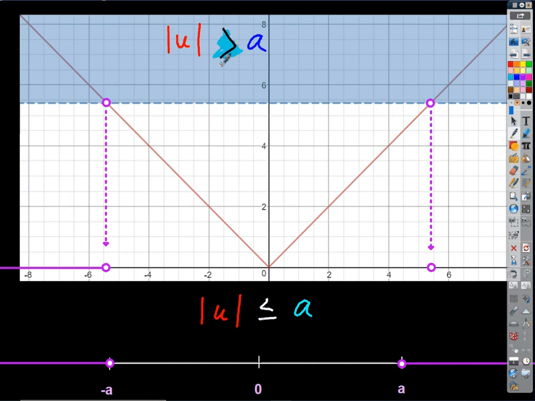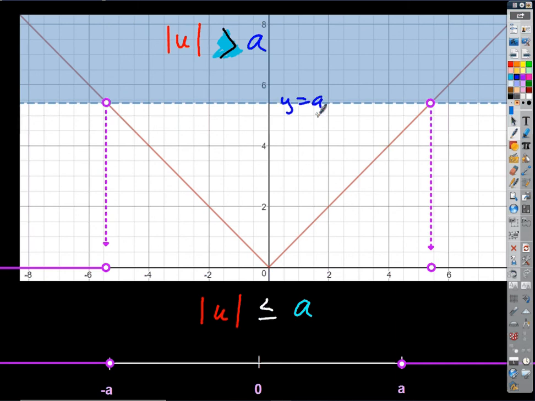So now we're going to take the other example. What if an isolated absolute value is greater than a number? Well, now we're looking for the region in the xy plane where what y values in my v-shaped absolute value graph are greater than a y value of a. Right? Here's my y equals a line.